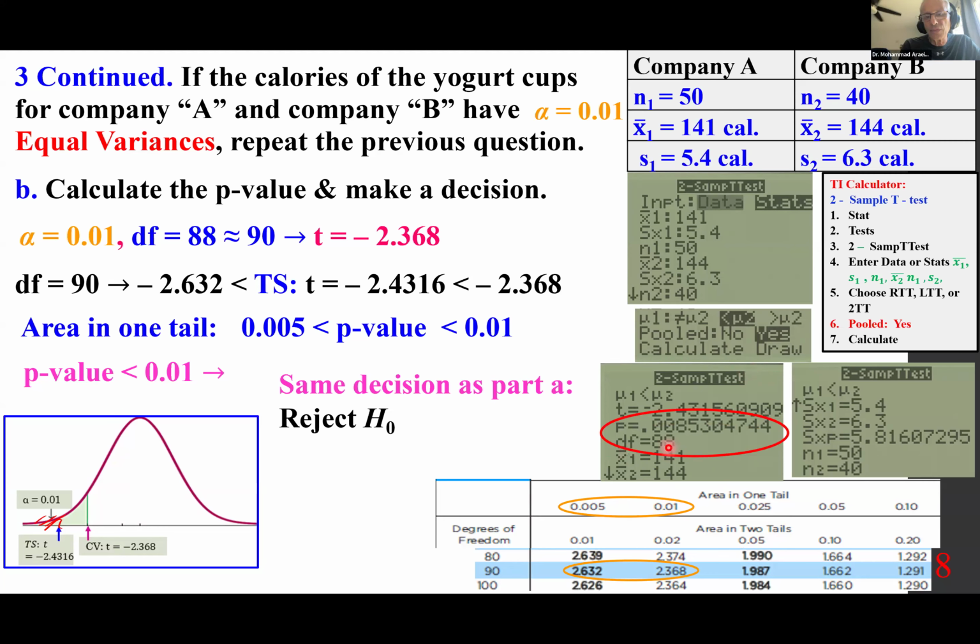As you can see, degrees of freedom is 88, which is very close to ours. Therefore, the result will be close. And here's the p-value, which is 0.008. If we stop at 5, it is 5. And that's definitely less than alpha of 0.01. And we have the same decision, which means reject H0.